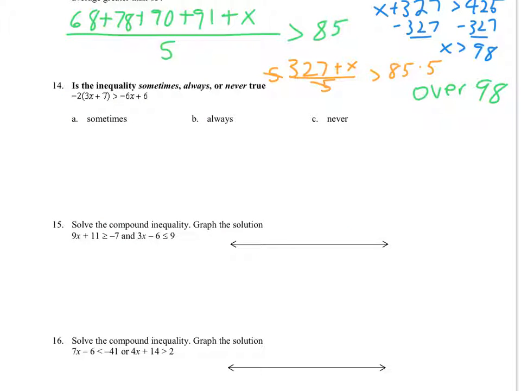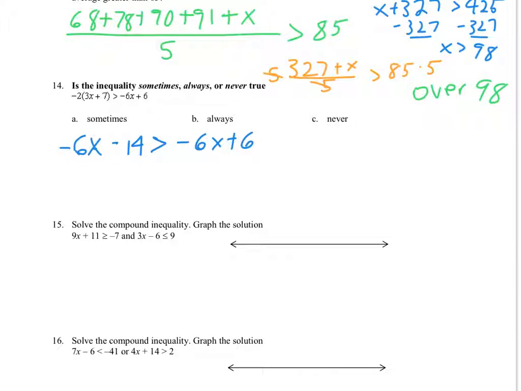Alright, next we've got an always, sometimes, or never problem for an inequality. We just go through solving with our regular process, distributing the negative 2 on the left side. So we get negative 6x minus 14 is greater than negative 6x plus 6.